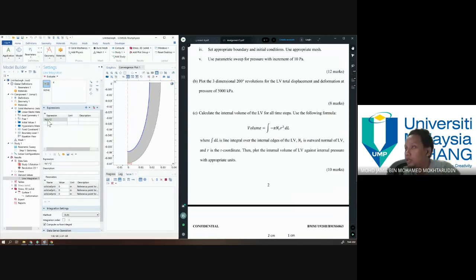So not nR, I think it's small n. Okay, so small n. So check the unit. So unit is meter power 4. So meter power 4 is not volume. So volume is meter cube. So you need to adjust something. Actually you need to change this compute integral. So just untick, okay? And then click evaluate.